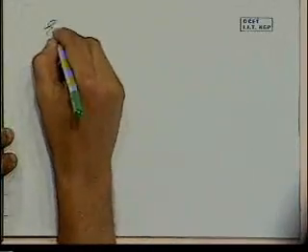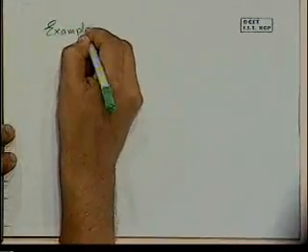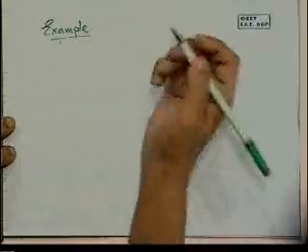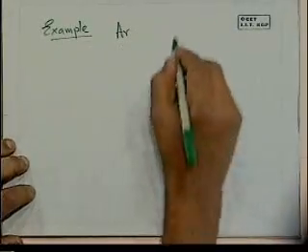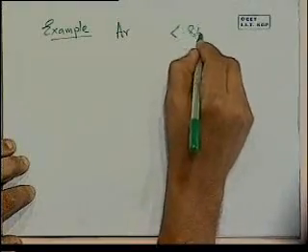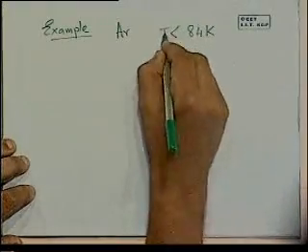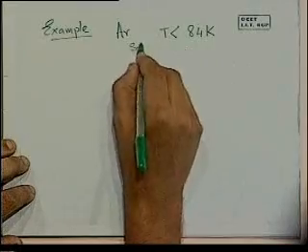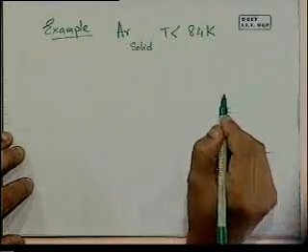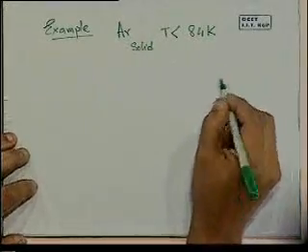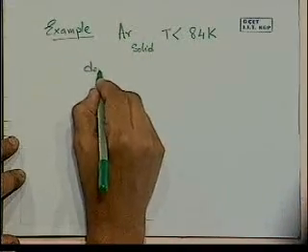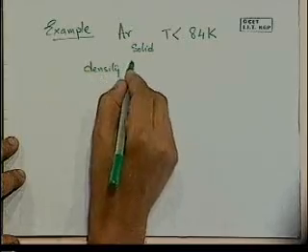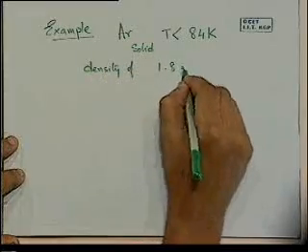Let's consider a simple example by way of illustrating this. If you have argon, we know that's a gas under normal conditions. But if you cool it to less than 84 Kelvin, we begin to form a solid. Now, if you take this argon and look at its properties, it has a density of 1.8 grams per centimeter cubed.